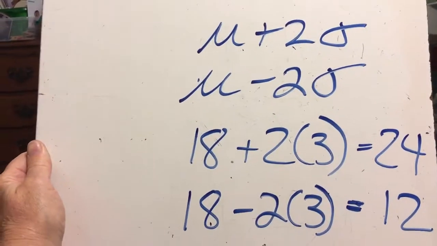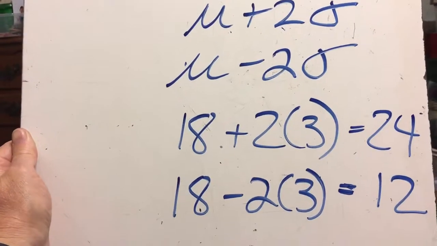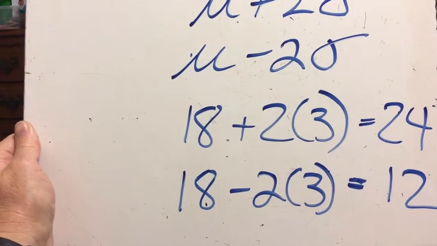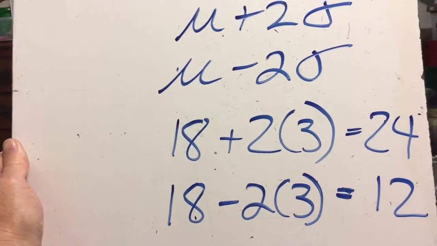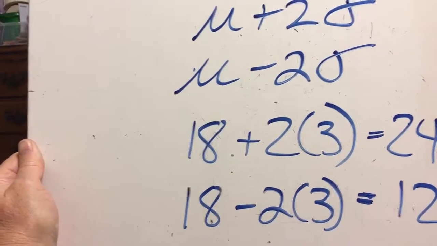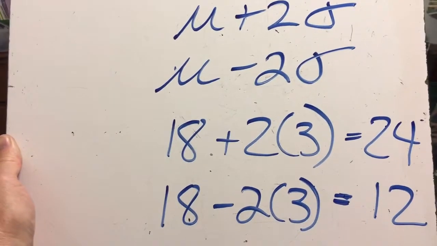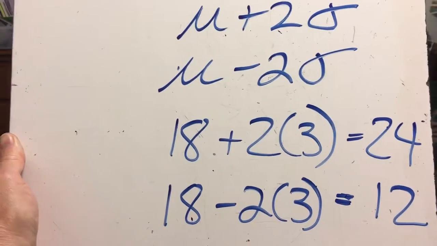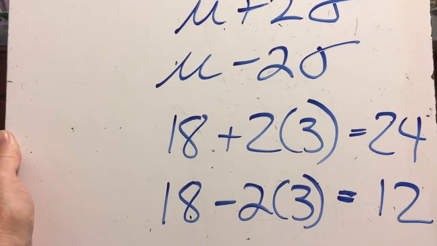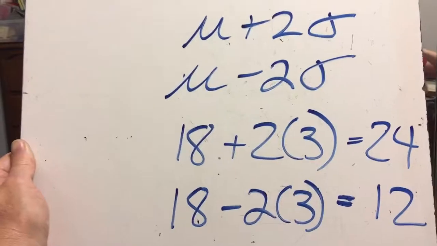So 18 plus 6 is 24. 18 minus 6 is 12. So we would say that 12 girls or fewer will be considered significantly low, and 24 girls or higher will be considered significantly high.